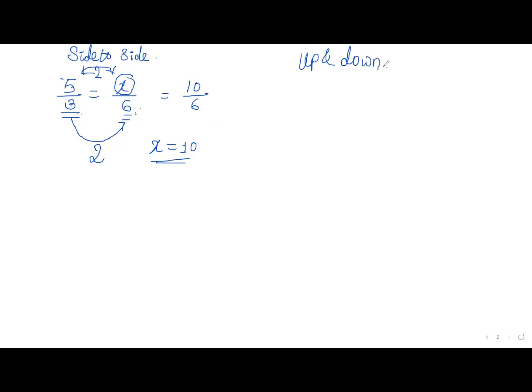Basically, we can use up and down. How? Suppose we have 2 by 12 is equal to 2.5 divided by x. Means here 2 is to 12 is to 2.5 is to x, and we are going to find out the value of x. What is the difference? 2 and 12, that is 6.